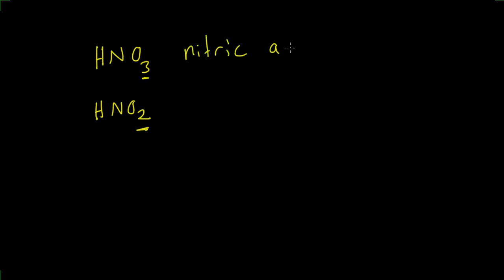Okay, look at this example. HNO3 and HNO2. What is the difference between these two oxyacids? This one has more oxygen, this one less oxygen. So this one is called nitric acid, but this one, with less oxygen, you say nitrous acid.